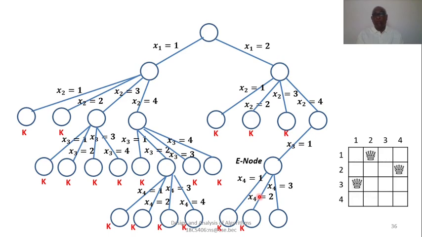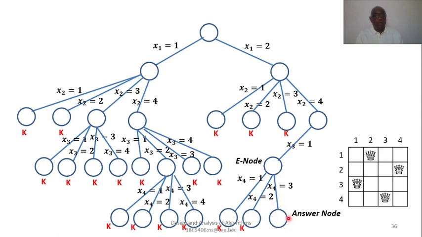So we choose the value of x4 equal to 3, and this is the node that's created, which represents the partial solution x1 equal to 2, x2 equal to 4, x3 equal to 1, and x4 equal to 3. And because this satisfies the bounding function, it becomes the next E node.